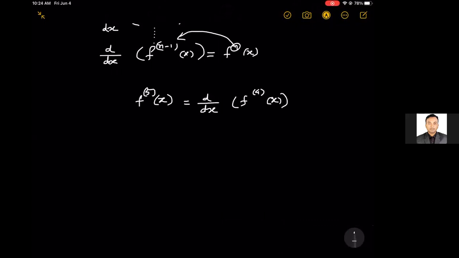And you keep going backwards to find the exact value. That means for finding f4, what do you need? You need the derivative of the third one, right? And you keep doing it. You keep going backwards to find the values. You just keep differentiating it, nothing else.